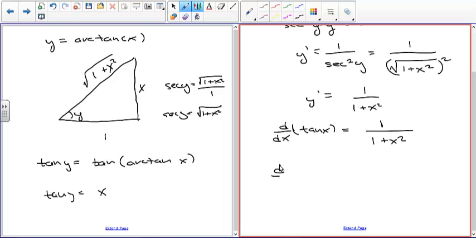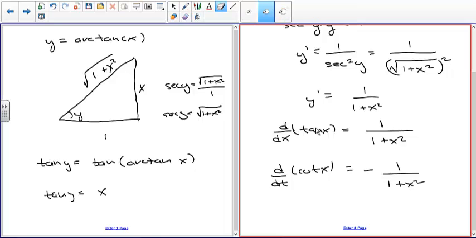And if I did the same thing for the arccotangent, which I'm not going to do, I'm just going to tell you the result, it's going to be equal to negative 1 over 1 plus x squared. So you have the same kind of behavior. I made a mistake, it's the arctangent.